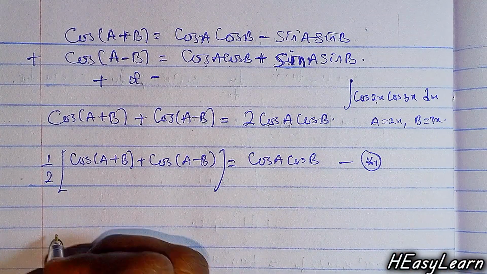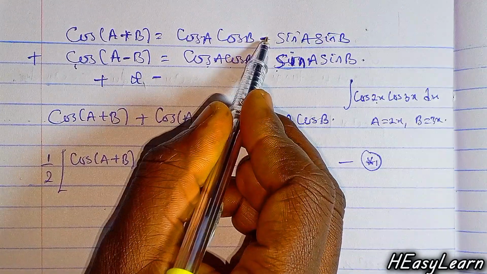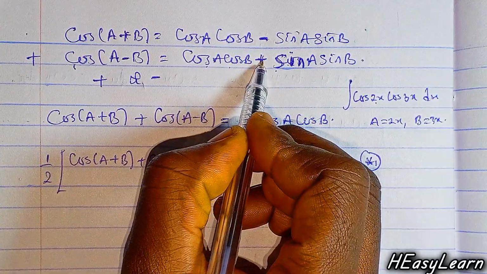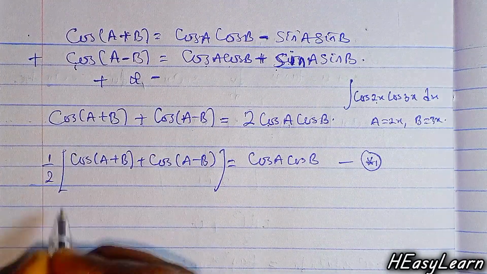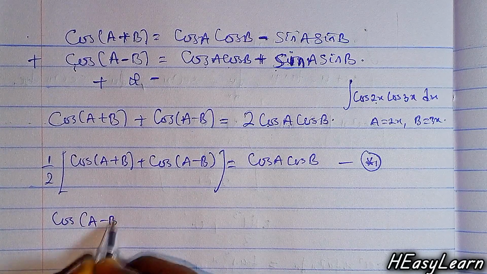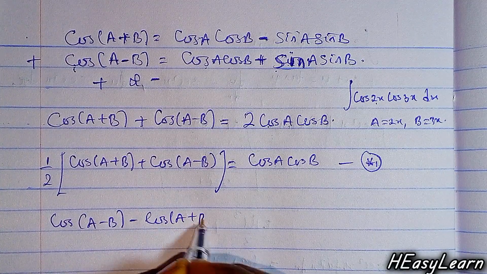Similarly, subtract these two. To subtract, we apply the negative first so that it will cancel here and we have addition here. So we have cos(A minus B) minus cos(A plus B).